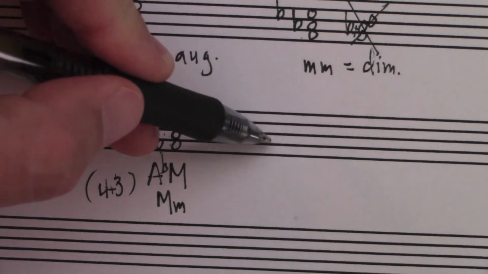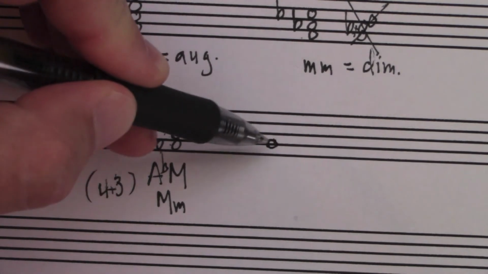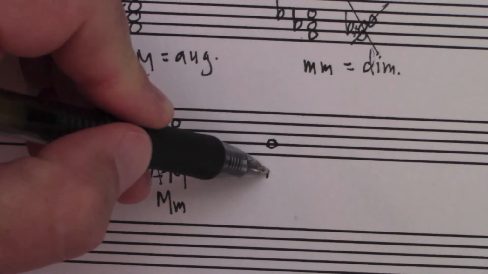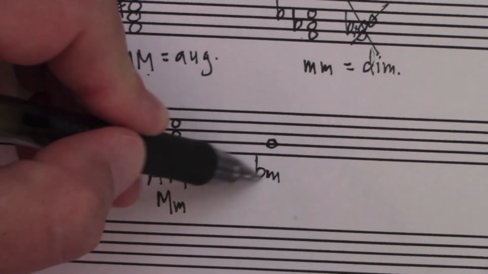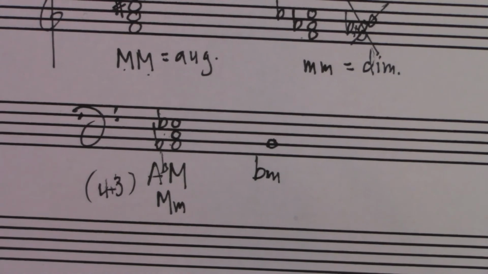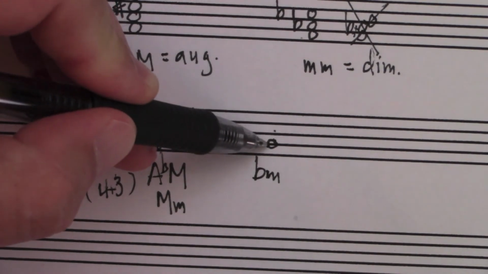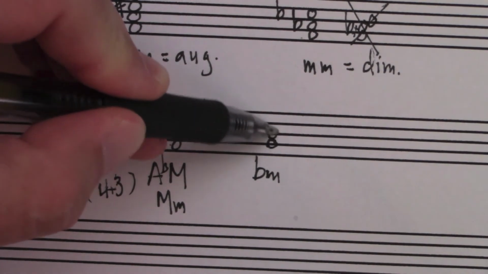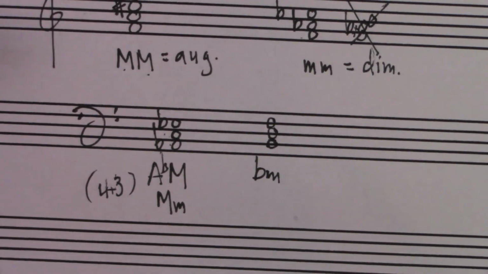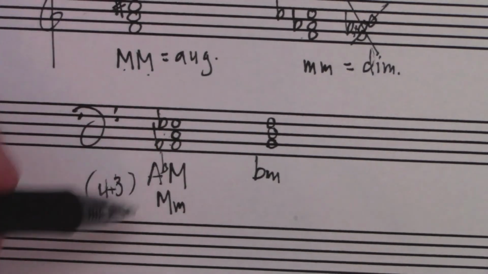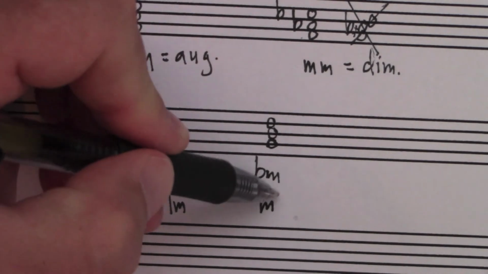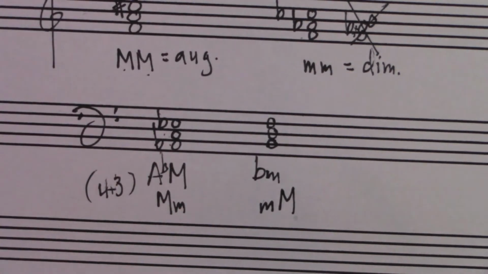Let's try another one. Let's do a minor triad on B. Step one, write your notes. So it has to be B, D, F. Step two, it's a minor triad, so that means it's going to be a minor third and a major third.